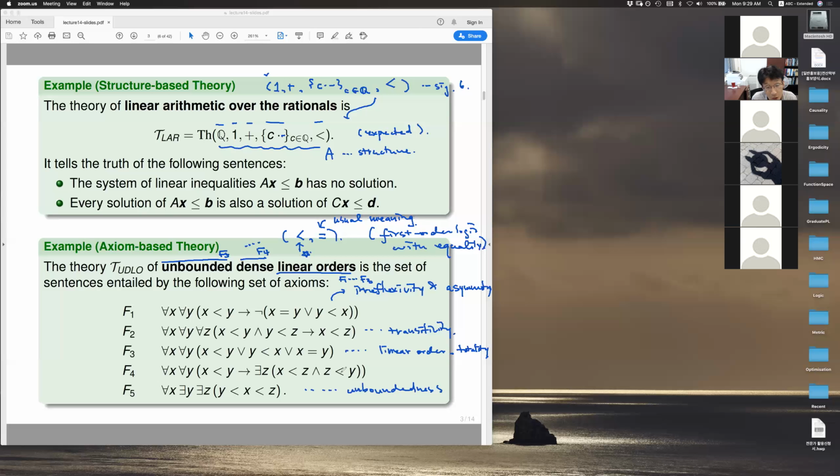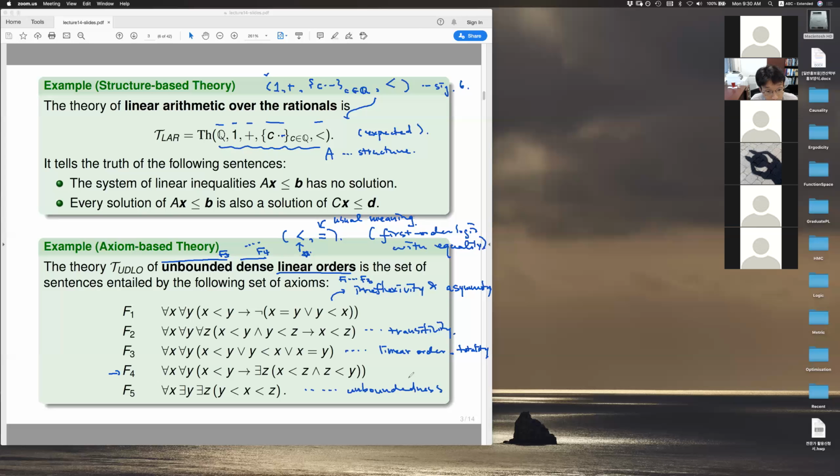A structure that satisfies all these formulas is the set of rational numbers, because it doesn't have any smallest or largest number, and the less than relationship satisfies all of these properties. Something which doesn't satisfy number 4 but satisfies all the rest is the set of integers, because for the integers, if you pick say 3 and 4, then you can't find anything in between. So it doesn't satisfy the dense property, but satisfies all the rest.